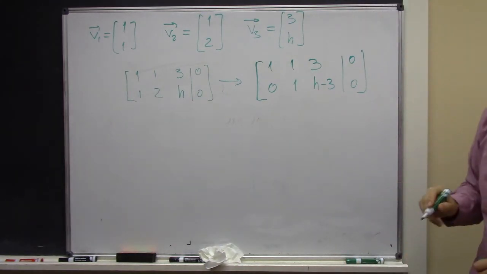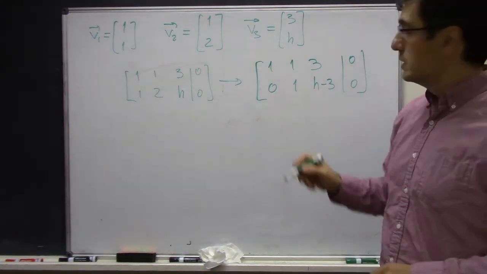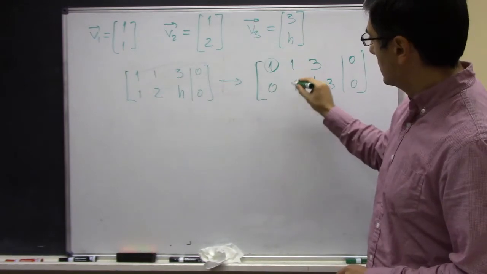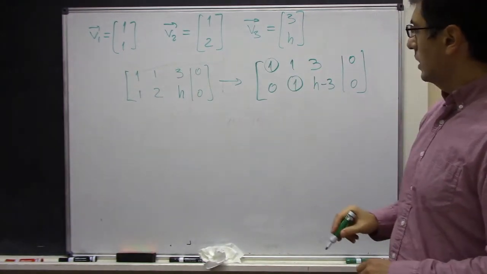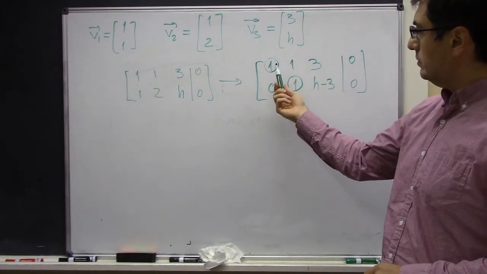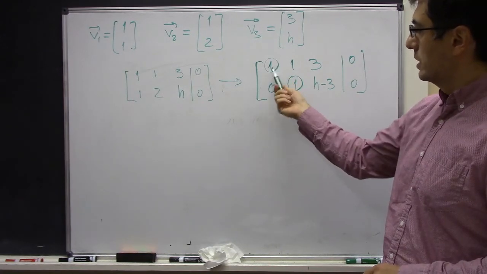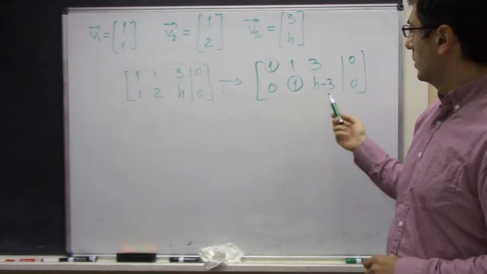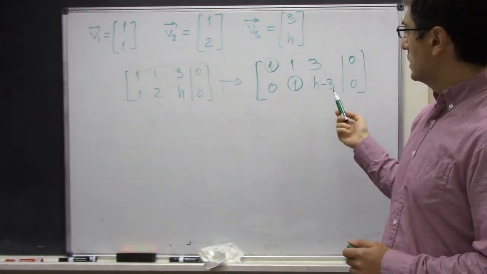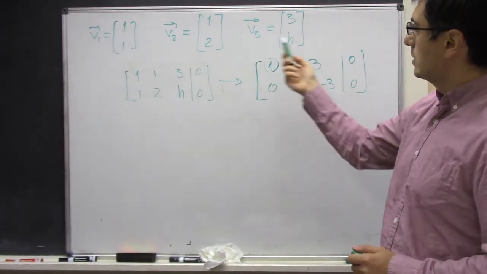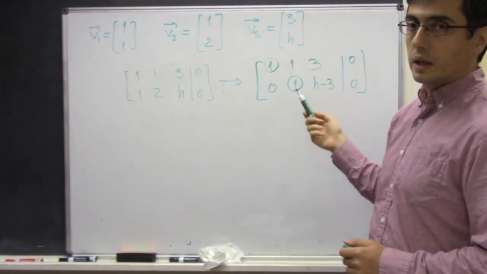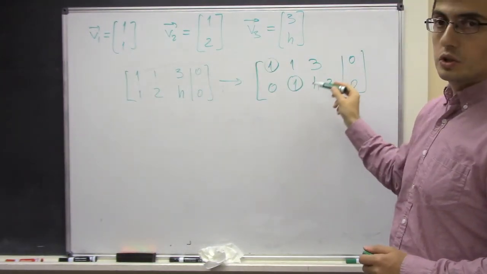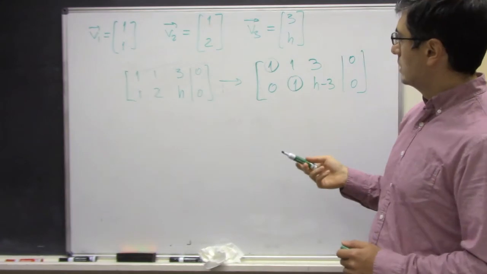Okay, and then you're looking for pivots. The first and second columns do have a pivot, but the third column has no pivot, which means that these vectors are always dependent, no matter what h is. You can choose h whatever you want.